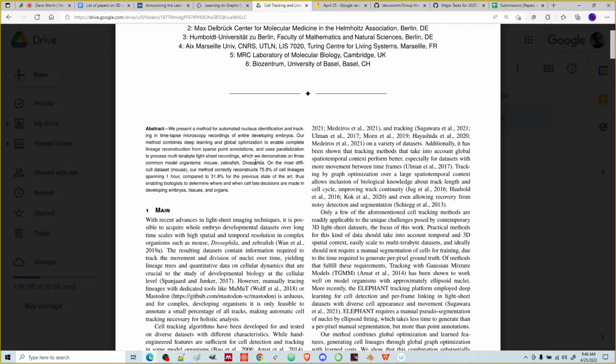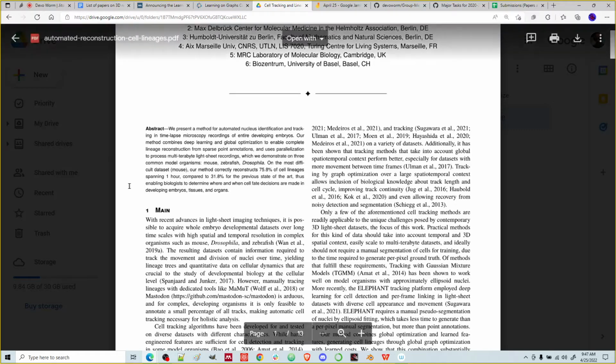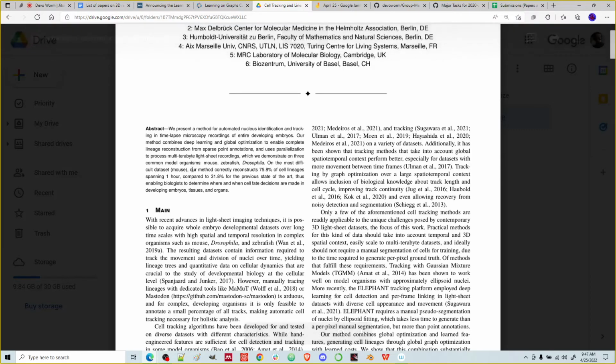Drosophila is the fruit fly, zebrafish is the zebrafish model, and mouse, of course. These are all common model organisms. On the most difficult data set, mouse, its mode of development is more like human than the other two. You get a lot of cells that you can't really track the cell lineage. You can track it using something like a barcode, which is a technology that allows you to trace cell divisions.